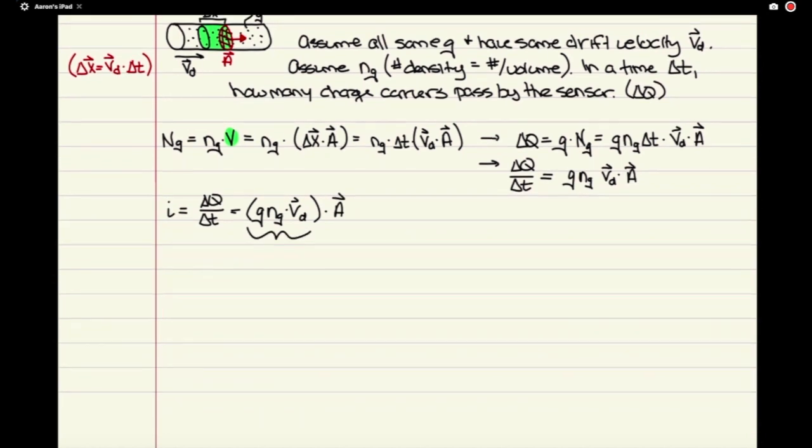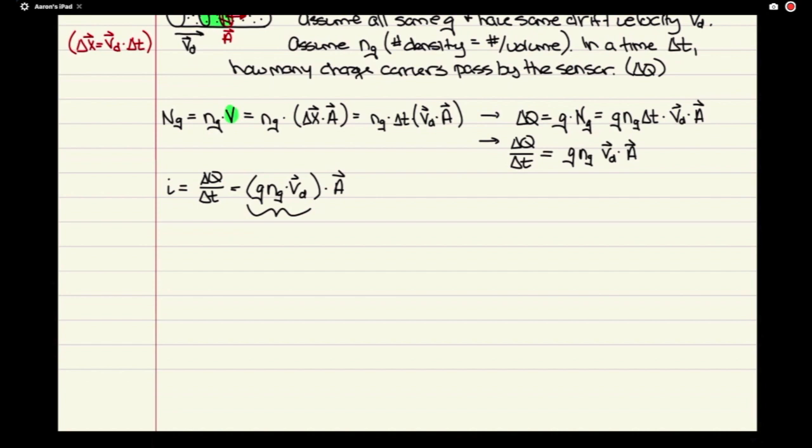This thing here, which depends only on the microscopic properties, is called the current density, and usually is written as capital J. Since the drift velocity itself is a vector, the current density itself is written as a vector. And so sometimes you'll see this written as just J dot A.